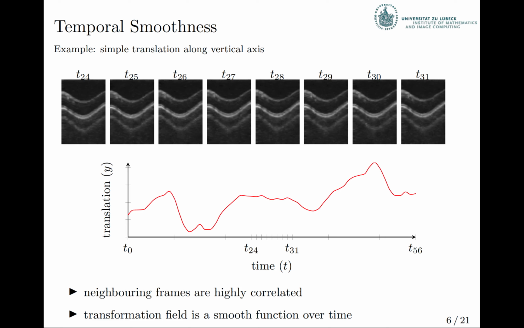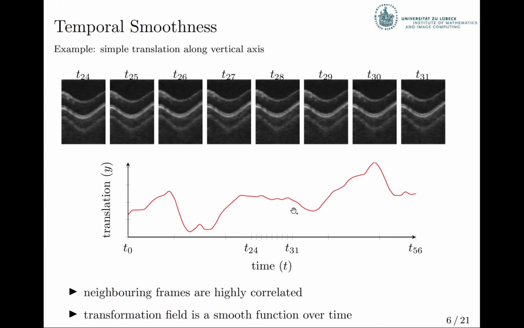Before I describe the multi-level regularization strategy, I want to comment on what we mean by temporal smoothness. At the top, you see the 8 consecutive slices of the 4-dimensional dataset. So these are the 2D slices of a 3D object. Visually, we cannot differentiate the differences between these slices. This red curve shows the translation along the vertical axis. As you saw earlier in the video, there was mostly the fluctuation along the vertical axis.